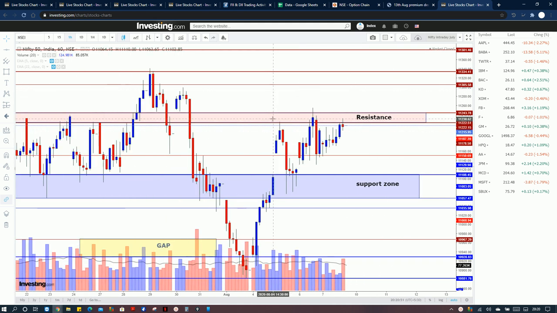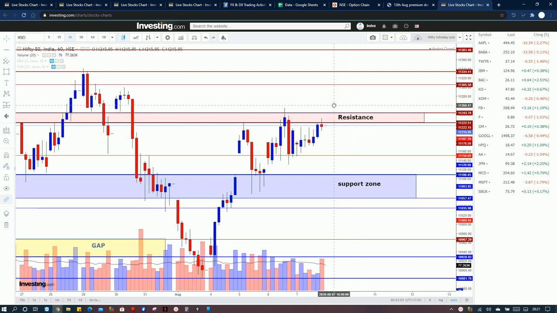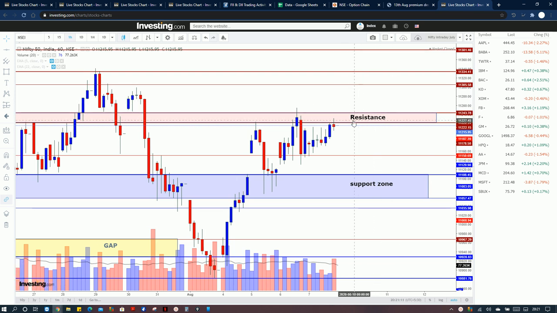And also you can see a temporary resistance at this 11,222, 11,250 level. So if Nifty opens above this on Monday, if there is a gap up opening above this 250 level, there is a high probability that this resistance can act as a support zone. So this will act as a support zone, and definitely we can see a higher probability of hitting 11,300.